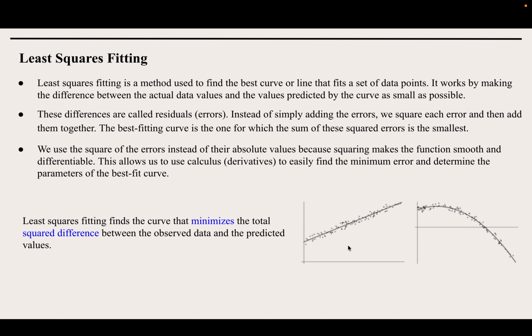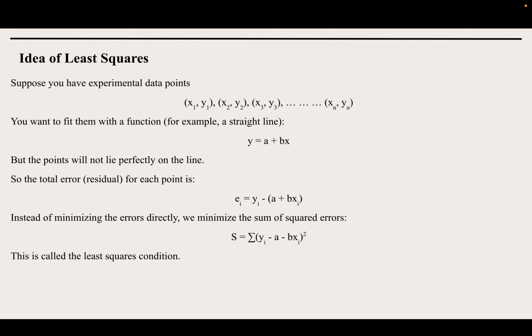Next, to understand the mathematics behind this, here we have certain experimental data. Suppose we have the data points x1, y1, x2, y2 up to xn, yn, and we want to fit them with a function, for example a straight line, which we can represent as y = a + bx.